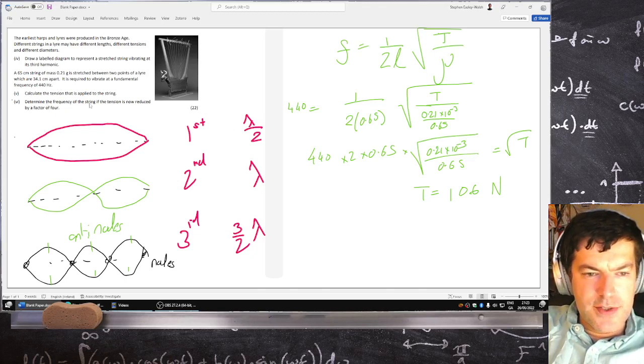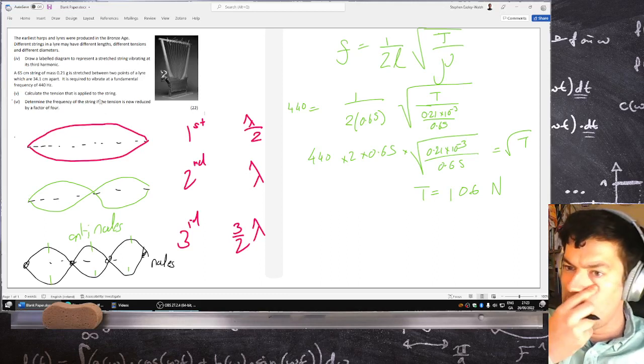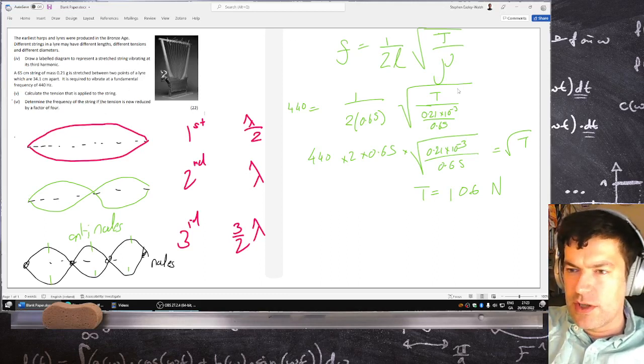Determine the frequency of the string if the tension is now reduced by a factor of 4. So in the formula, if you divide the tension by 4, what would happen to the frequency? The frequency would be 1 over 2L root T over 4 over mu.